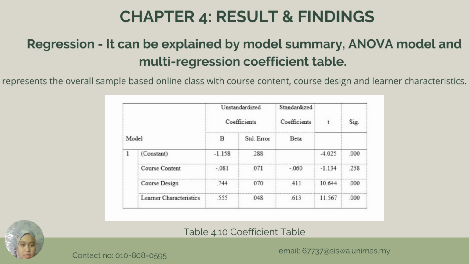In conclusion, this chapter focuses on data analysis collected from the respondents with tests conducted to interpret more information. Regarding the factors affecting UNIMAS student attention span during online class, all the respondents agree about that. Regarding the regression, course design and learner characteristics are significant and affecting UNIMAS student attention span during online class.